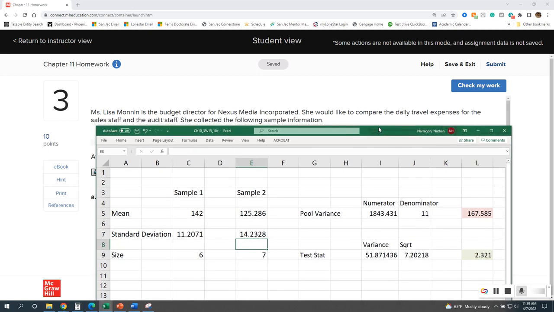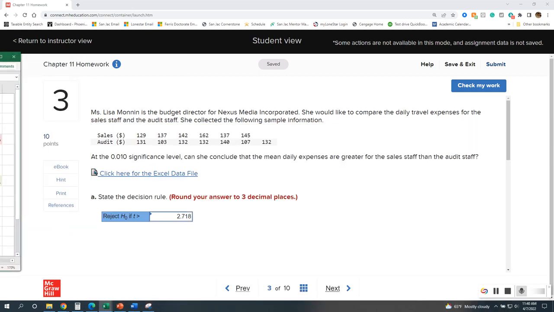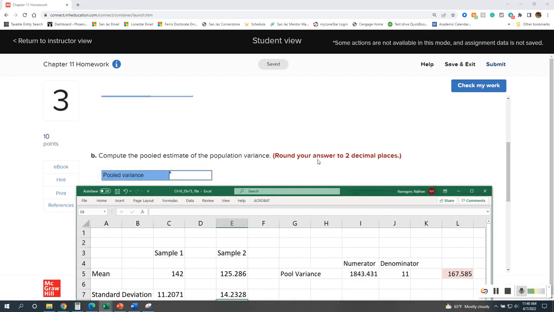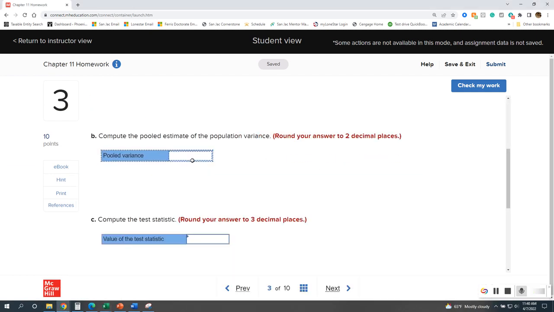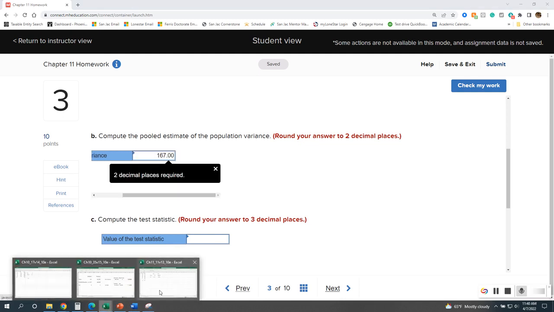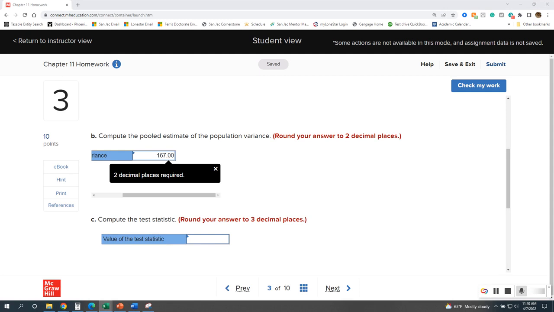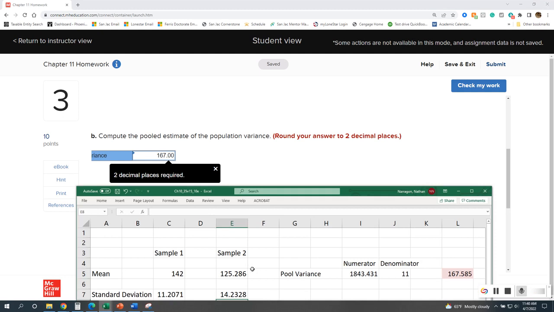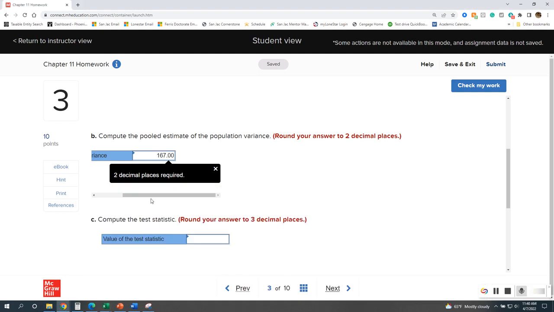All right, so got our standard deviations in. We know pooled variance should be about 167. And it said 2 decimal places this time. So 167.59.